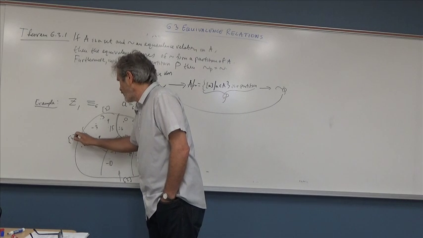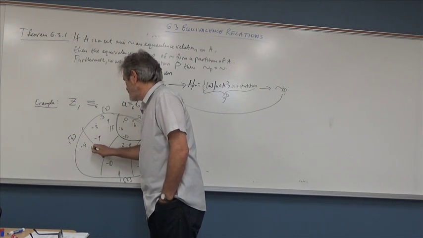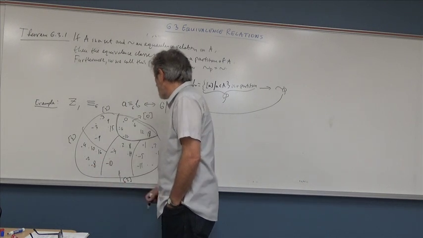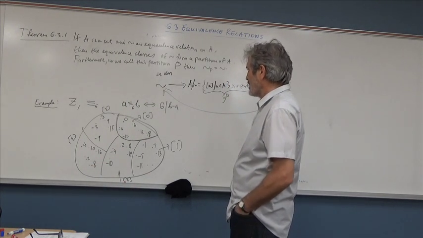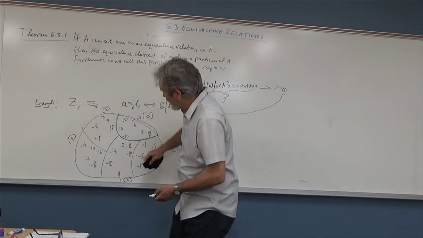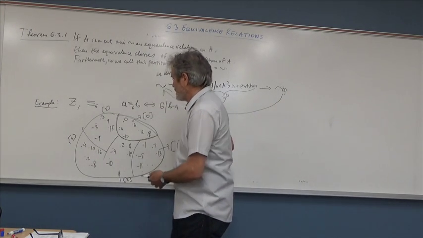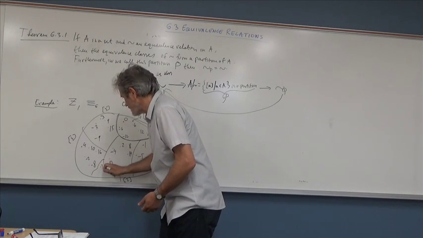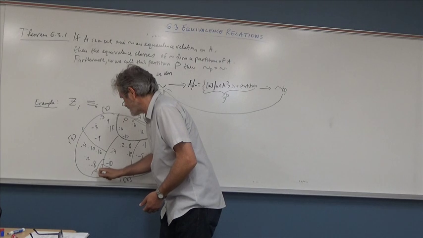State of 4. Who's there? 4, 10, 16, negative 2, negative 8, and so on. And I ran out of space for a state. There's one more state, the state of 5. Let me just squeeze it in here. So who's there? 5, 11, negative 1.